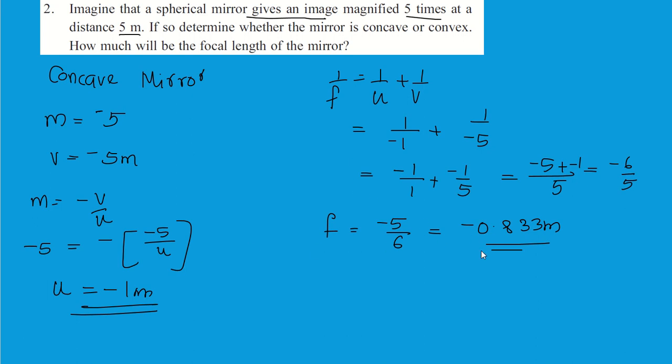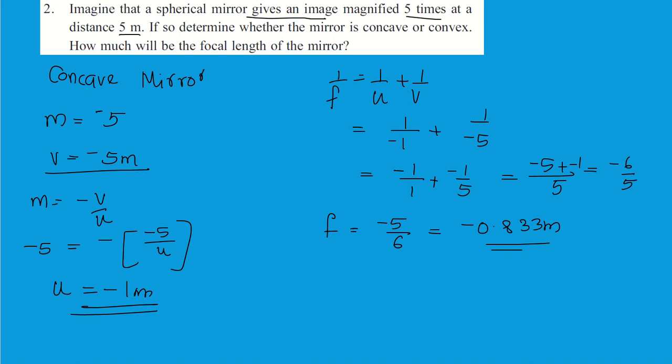So object is between C and F, between 0.8 and 1.6. Object distance is at 1 meter. So we will be getting the image beyond C. Beyond C means beyond 1.6. What is the image distance here? 5 meters. So it's beyond center of curvature, and it's going to be a real magnified image. All the characteristics are matching with our values. So the answer is correct.